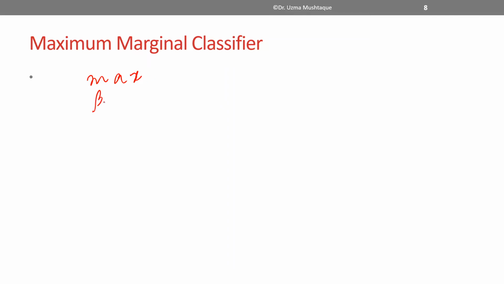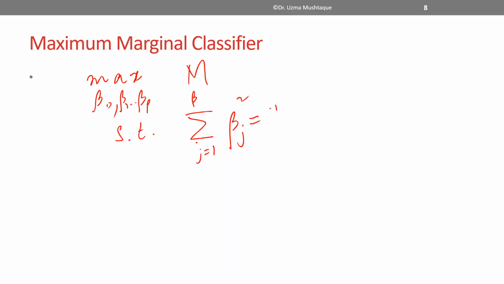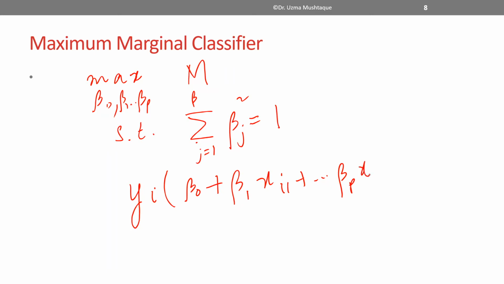Maximize over all the betas, which is beta 0, beta 1, and whatever betas we have, this margin, subject to the unit vector constraint that we had for all the planes, so the sum of beta j squared equals 1. And the second most important constraint is that the outcome times the equation of the hyperplane, beta 0 plus beta 1 x i1 and so on up to beta p x ip, is greater than or equal to that margin, for all i equals 1 up to n.